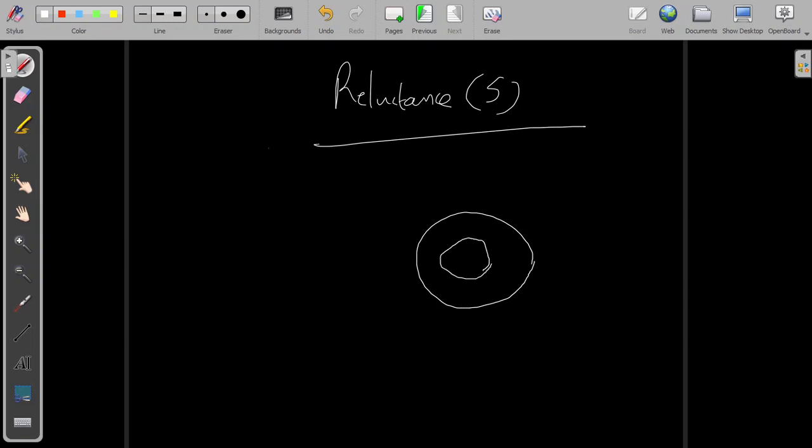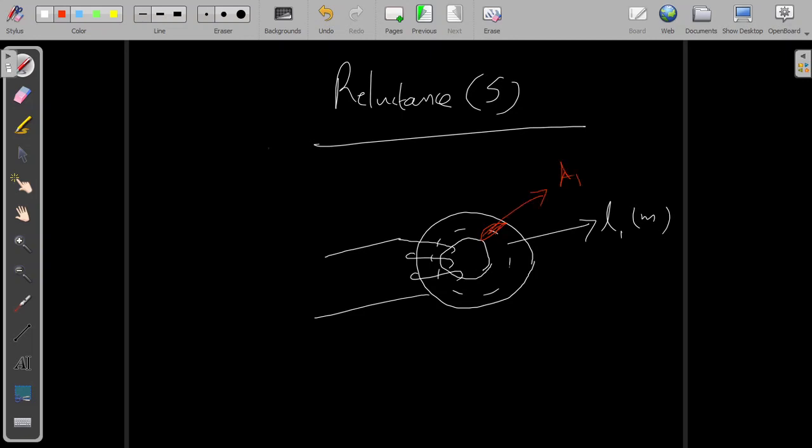It's a toroid like this, and its mean length is L1 meter, and I have the cross sectional area of this toroid like this. This is A1.